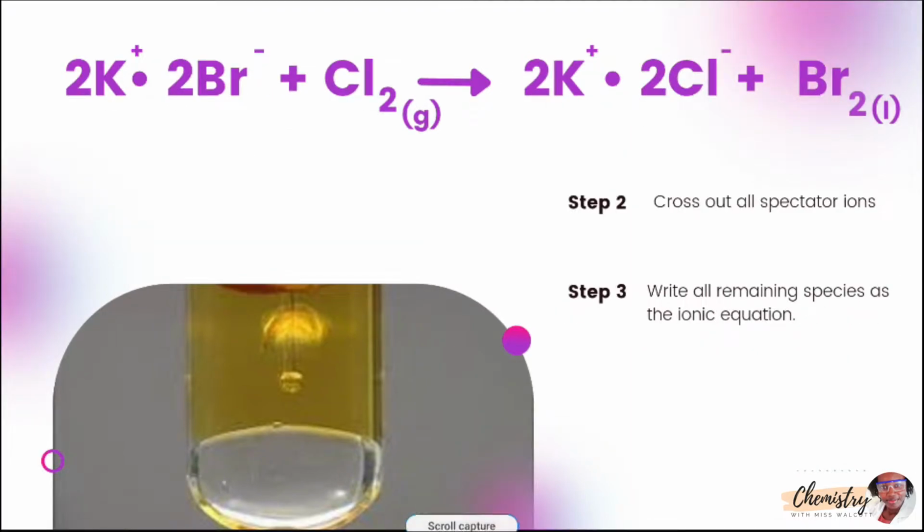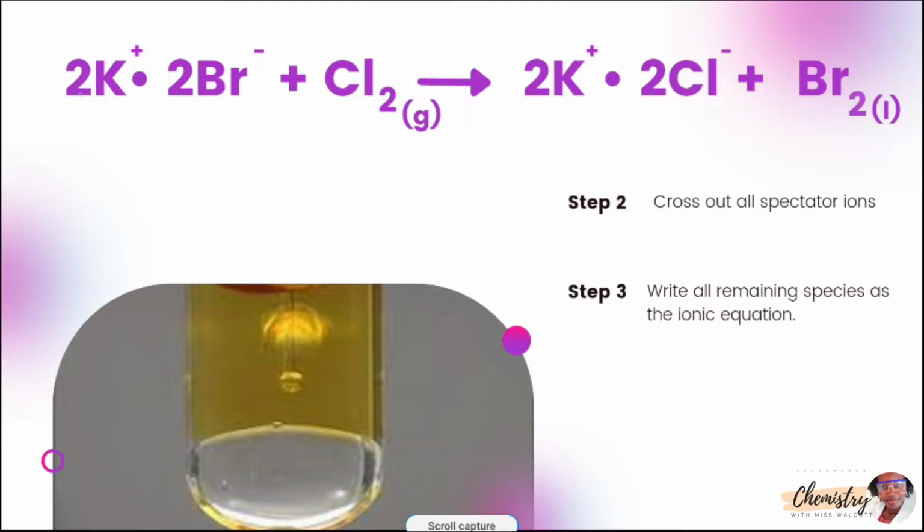And the second step says we should cross out all the spectator ions. Remember, spectator ions look exactly the same on the reactant and on the product side. They don't change. So on the reactant side, we're starting with 2 potassium ions, 2K+. We're going to check on the product side to see if we're seeing 2K+.